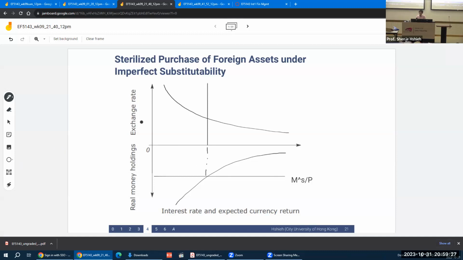So what's going on with UIP, right? Now R equals R star plus E over E minus 1, and now we have plus rho, but now it's B_TOT minus B_CB, right?